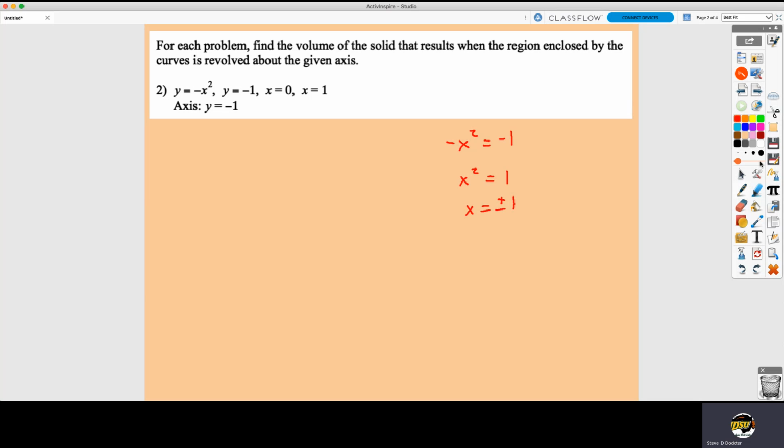Are you sure? Eli brings up a good point. What was that, Drew? -1. Now you do get a plus or minus 1, right? Okay, we already have the positive one. The -1 is outside the restrictions, so technically we don't care about it. Okay, so then this is just from 1 to 0 of pi times -x squared minus a -1, that whole thing squared.